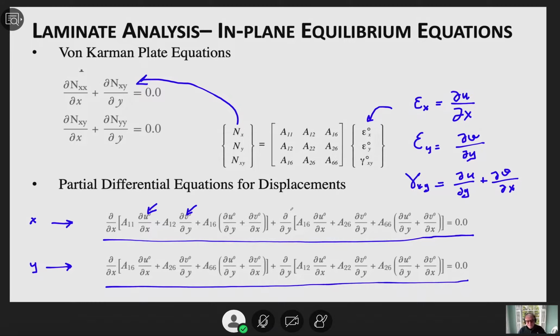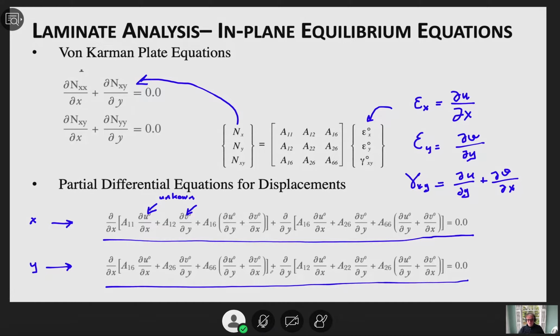All the other displacement components are the same as through the thickness, u naught and v naught for this case. So these are the unknowns, unknown displacements for the solution.